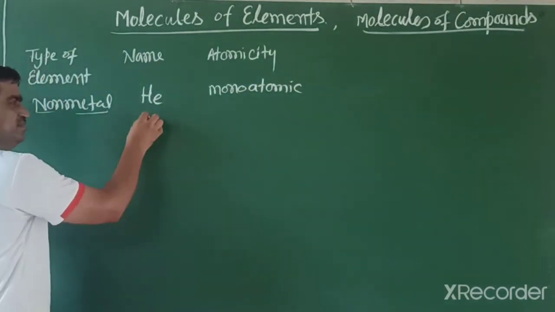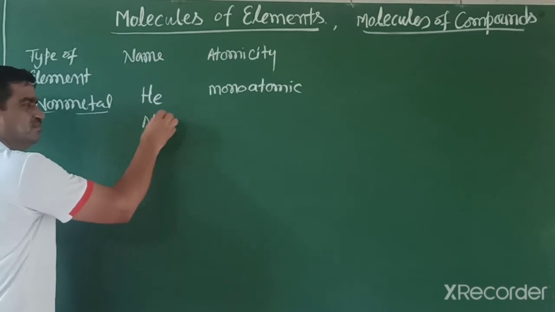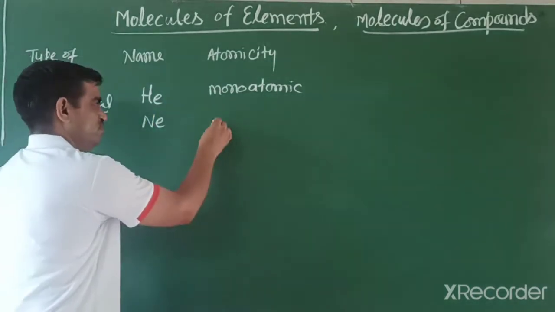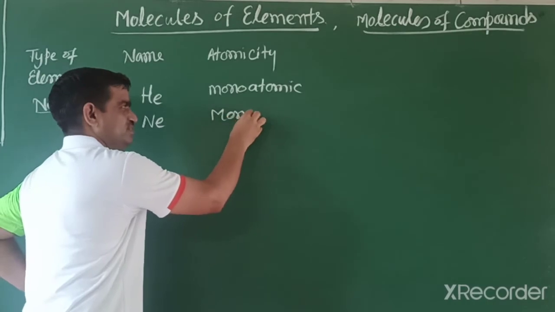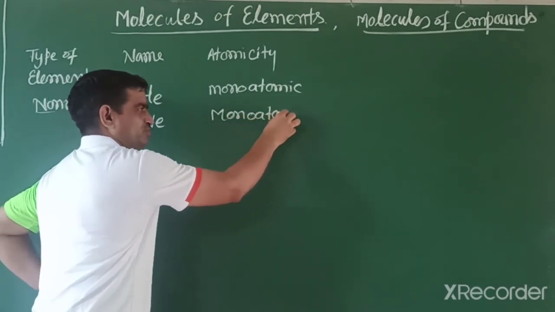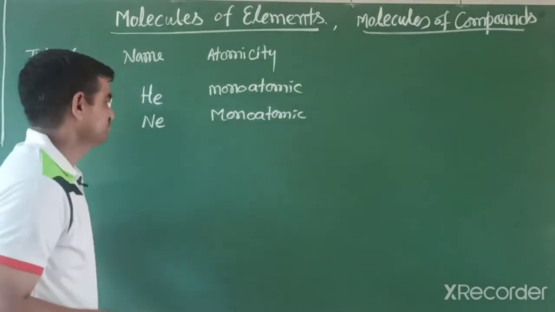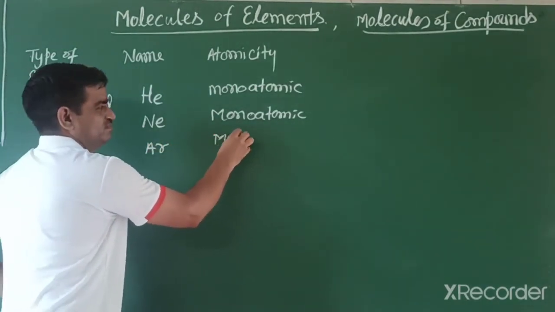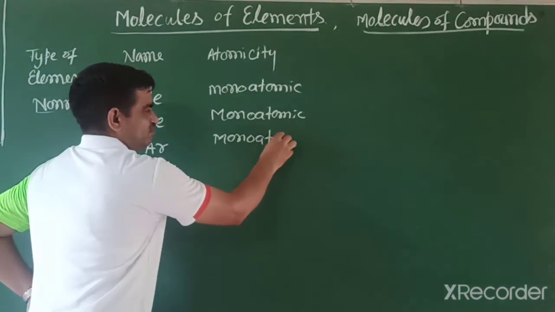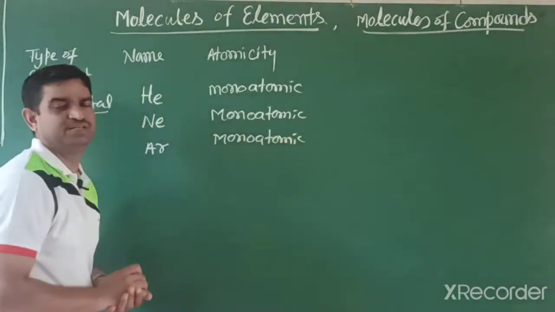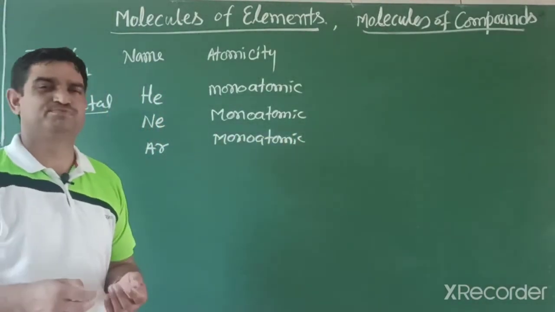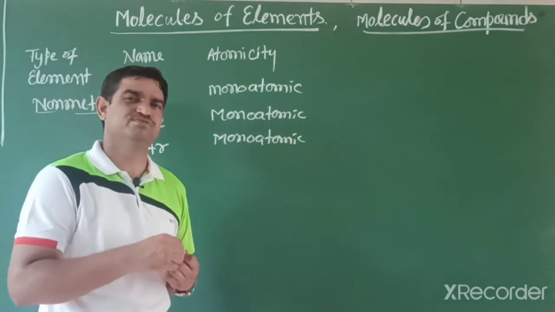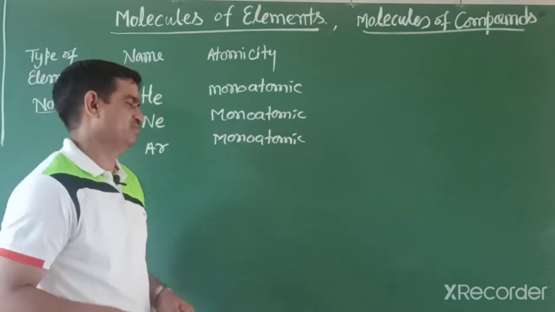Another gas is neon, that is also found monoatomic, meaning only a single atom in a molecule behaves as a molecule. Argon is also found monoatomic because they do not combine with each other. Other examples are krypton, xenon, radon, you will study in the periodic table.